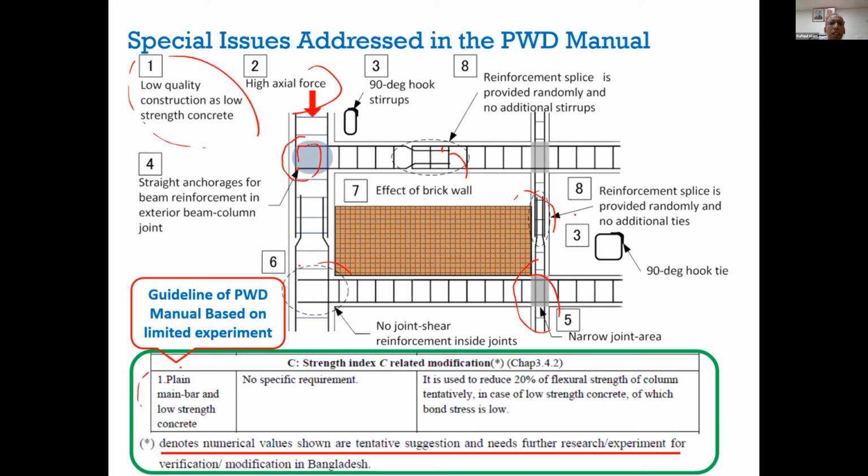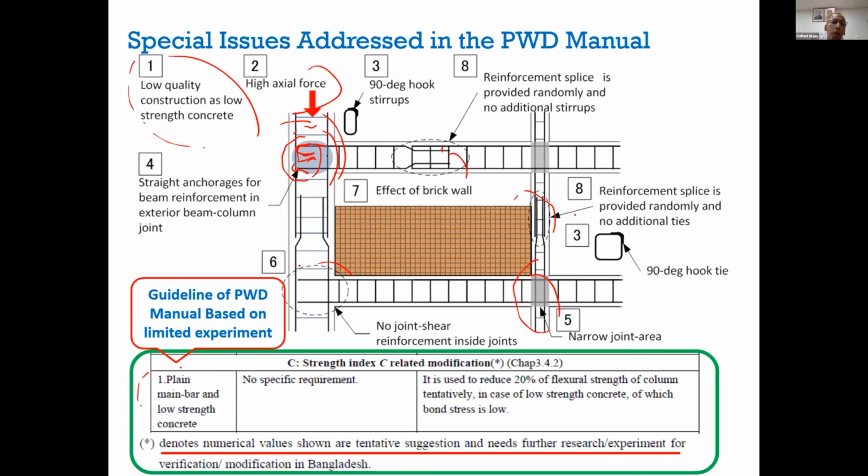In the case of plain rebar, we usually used a 180-degree hook. But when deformed rebar came to our country, some engineers thought that no hook was needed. That is a problem in some of the existing buildings. That's why we studied this and found it to be a problem.